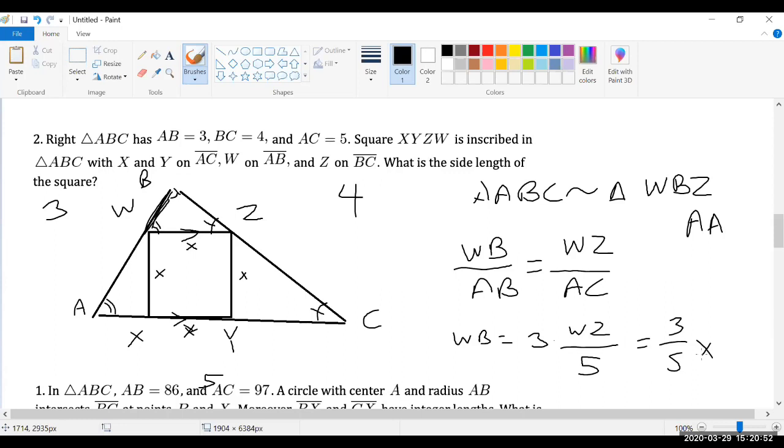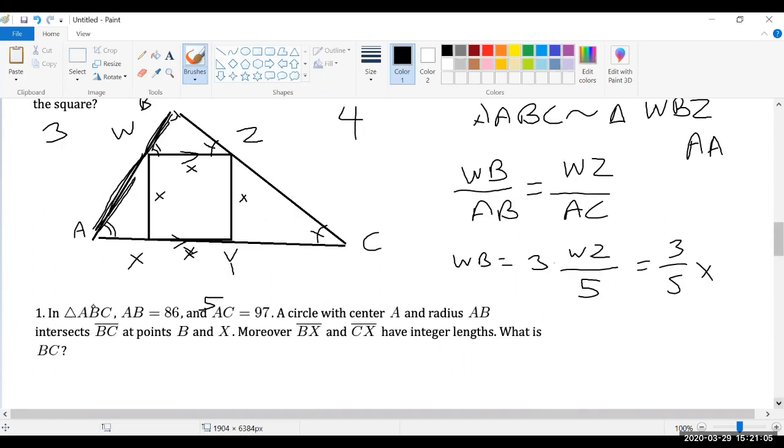Now, we can do the same thing for AW. I'm going to write it down here because I don't have space. So WA, it's the same thing. We notice that this triangle right here looks like the 3, 4, 5 triangle, but at a different angle. So we know that the side lengths are still going to be in the ratio of 3, 4, 5.